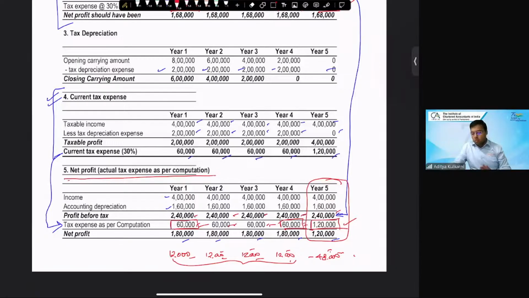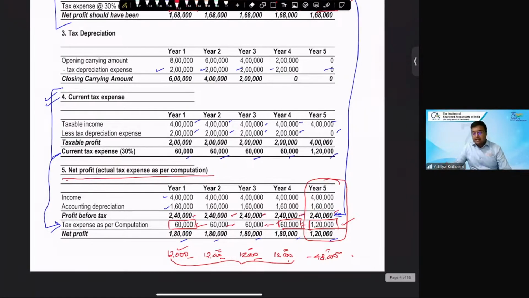So therefore, I'm deferring my tax liability to the 5th year by a reduced payment of 12,000 per annum. That is why we have to recognize this 12,000 per annum as a deferred tax liability for the first 4 years. In the 5th year, what will we do? In the 5th year, you reverse the deferred tax liability. Yes or no?